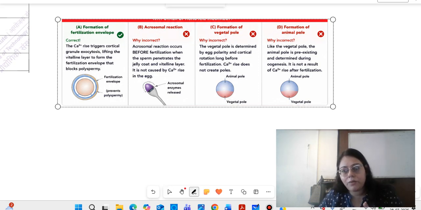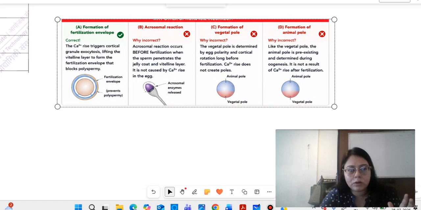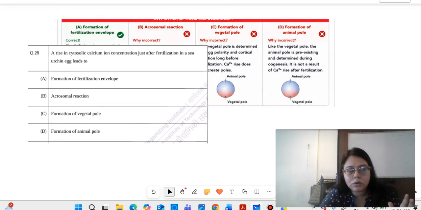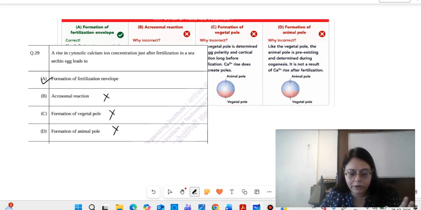Similarly for the animal pole: each ovum has one animal pole and another vegetal pole, so it is not anything calcium related. So we will say that option A, formation of fertilization envelope, is the correct option and the other options are incorrect.